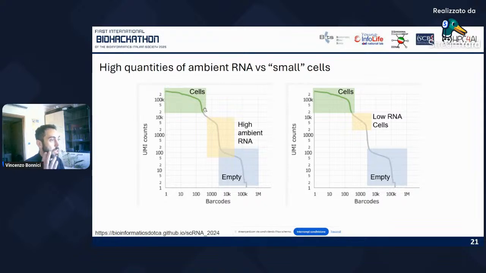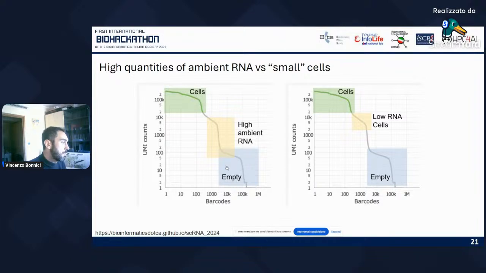So for the most common cells in the human body, the number of UMI that you obtain is between 10K and more for each cell, and this is considered a normal cell.